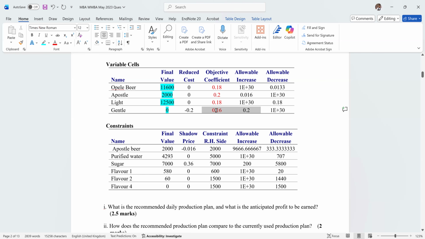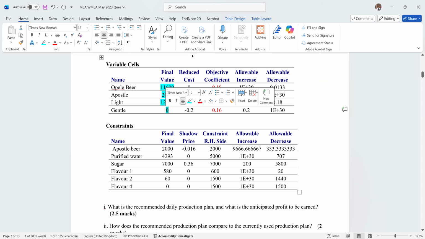When added, it's supposed to be 0.36. You're right. So it will increase by 0.2, so it will move from 0.16 to 0.36. Thank you for that. So that is how you analyze. This kind of question is a very deep question.